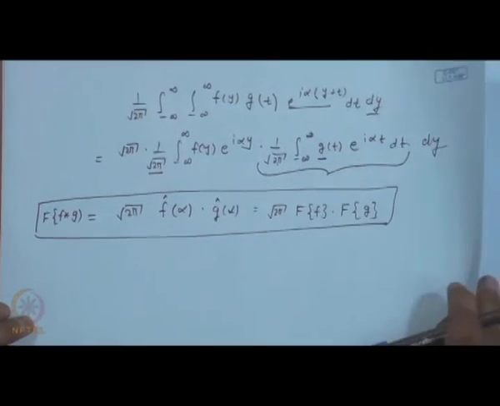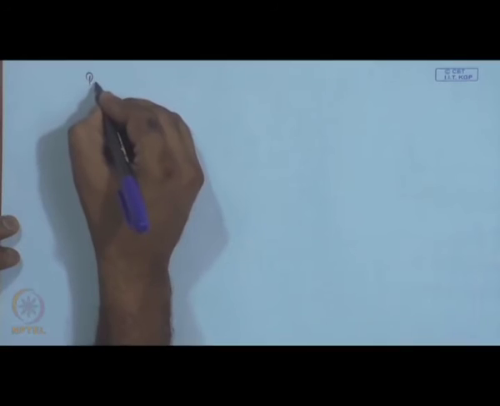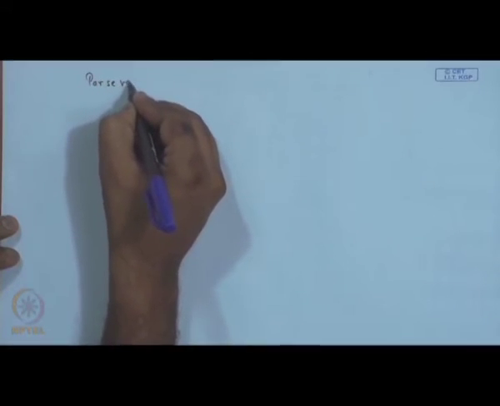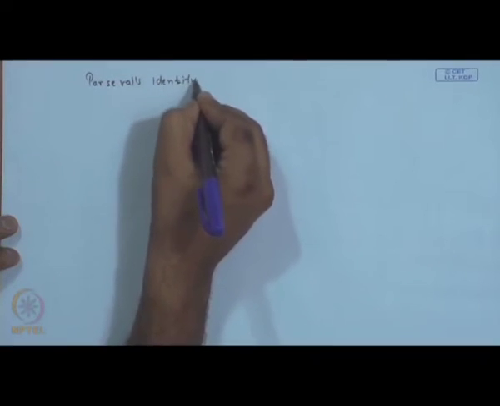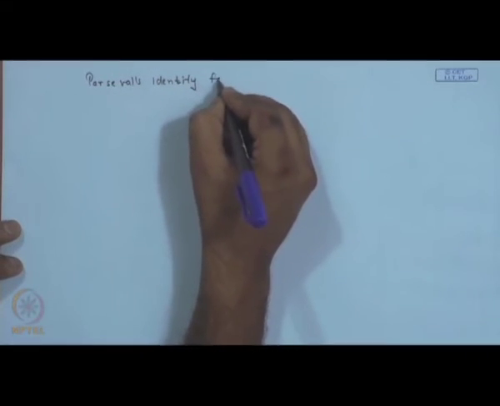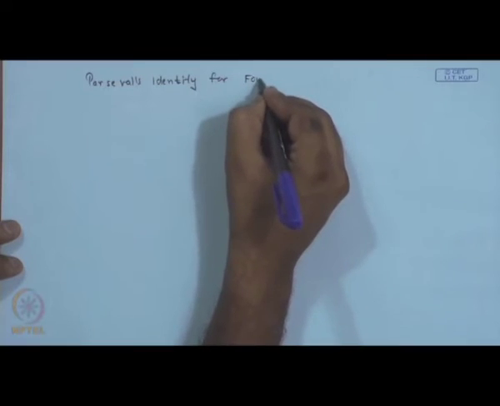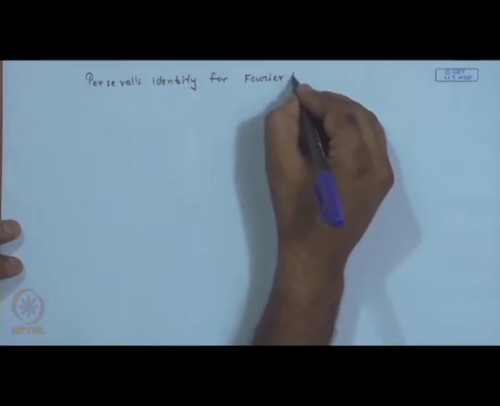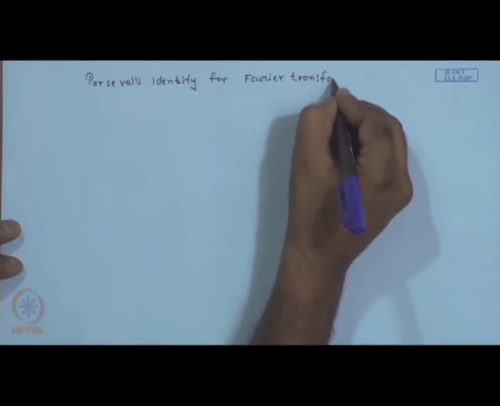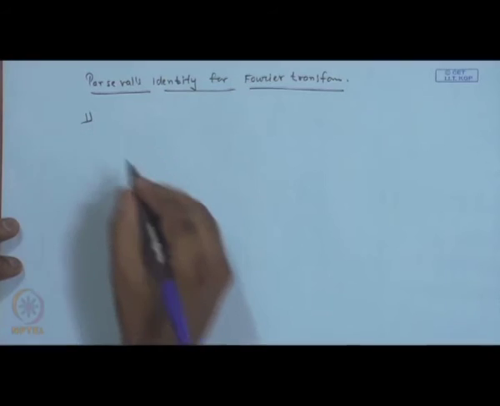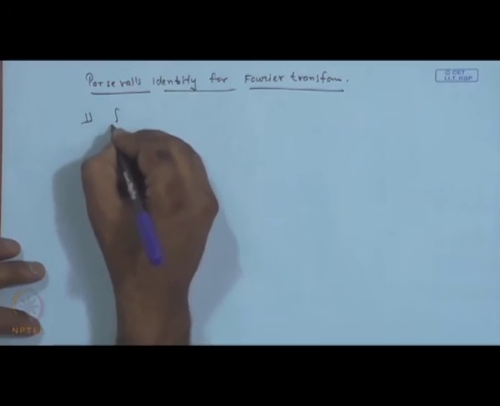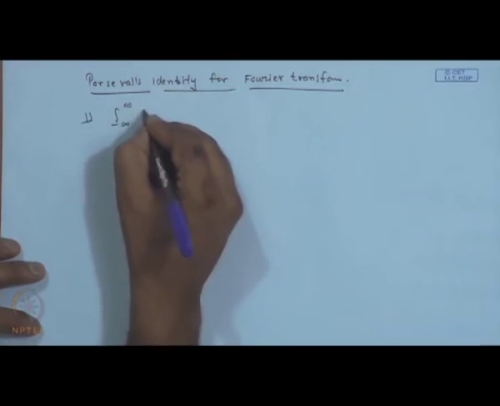And now we go for one more important result, that's called the Parseval identity. Parseval's identity for Fourier transform. So, there are basically two identities, one is generalized and one is a particular case of that.